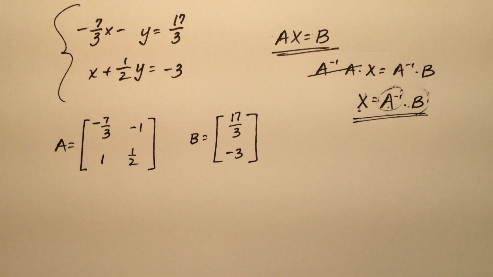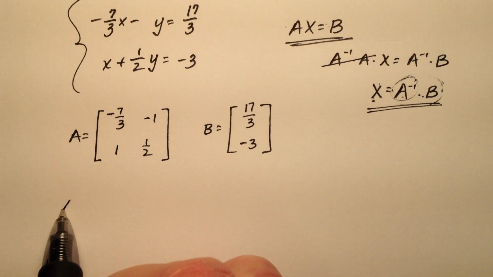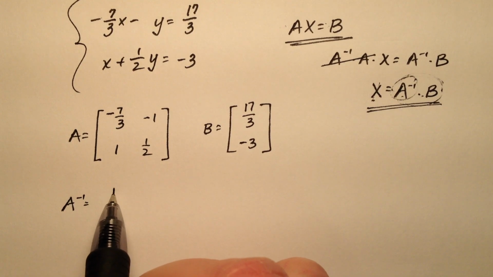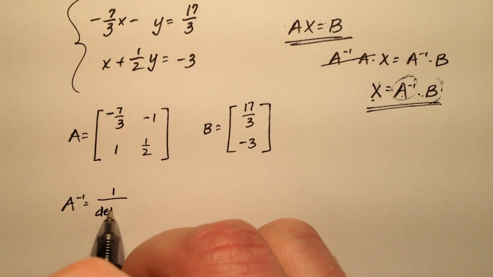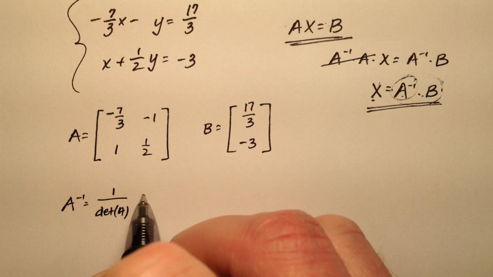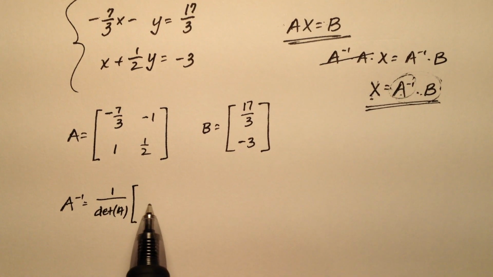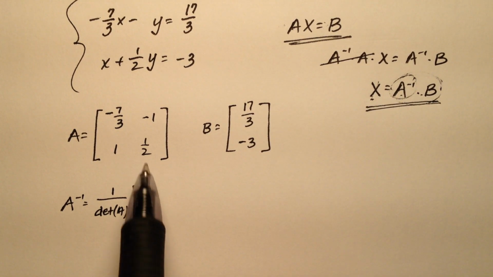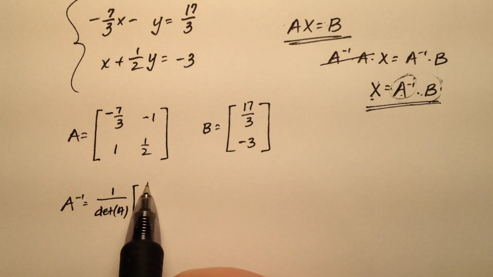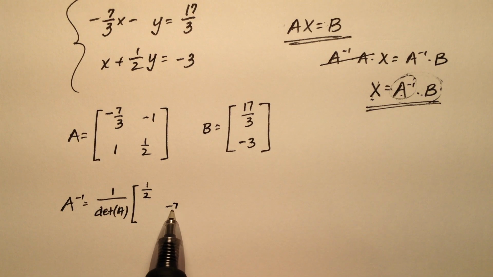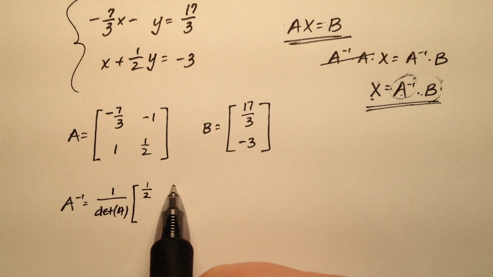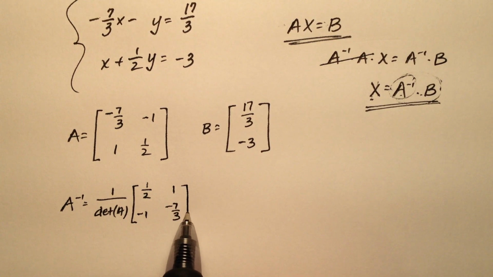So let's go ahead and do that. Let's go ahead and find the inverse of A, which is 1 over the determinant of A, and then we have this switching these terms around a little bit. So my main diagonal, I switch the order. My minor diagonal, I switch the sign.